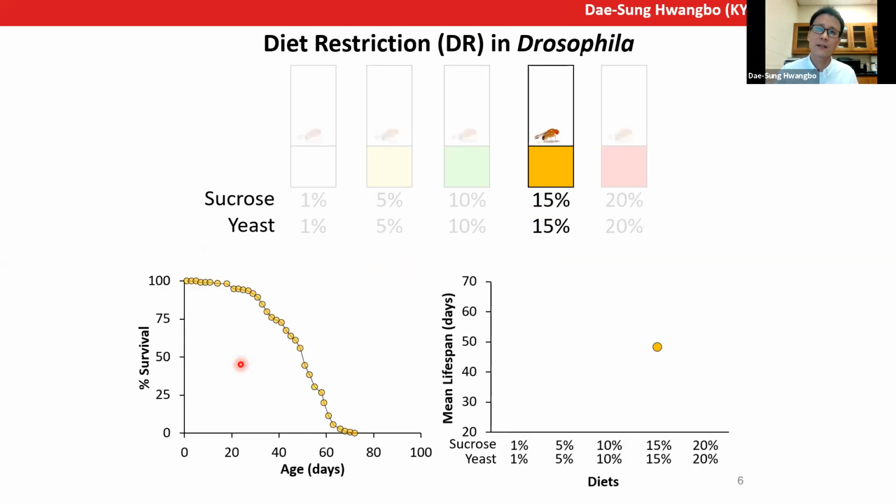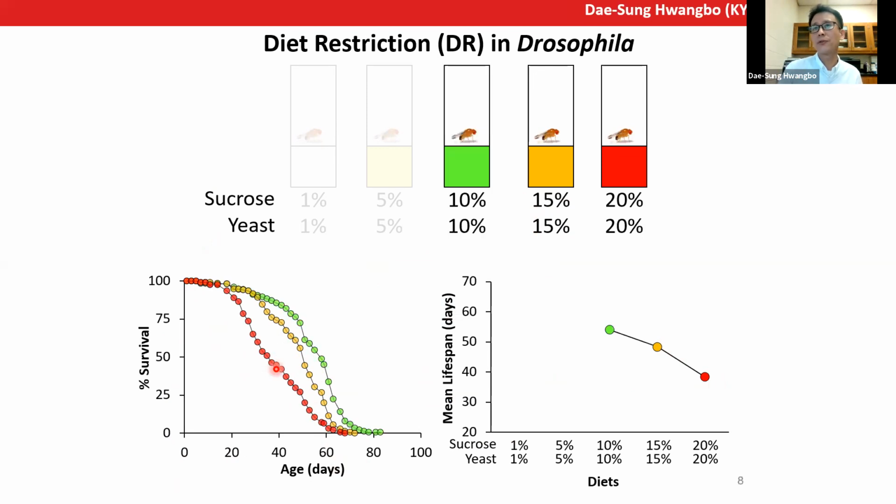So if you measure lifespan of these animals, for example, 15%, suppose this is a relative control. You measure lifespan, this y-axis is percent survival, x-axis is time in days. If you measure mean lifespan around here, you can see roughly 50 days. If you give more nutrition, the lifespan is decreased like this.